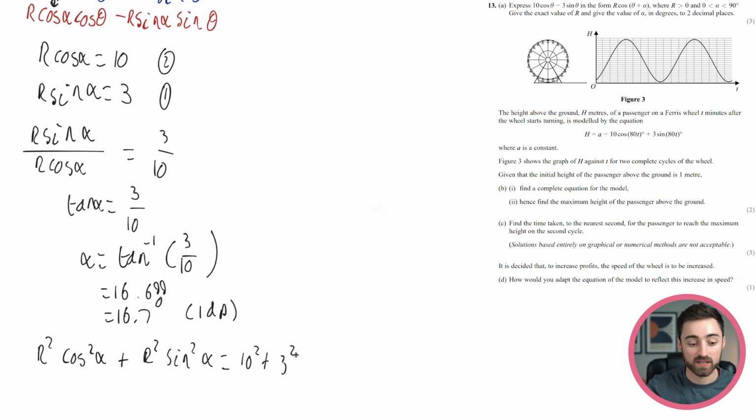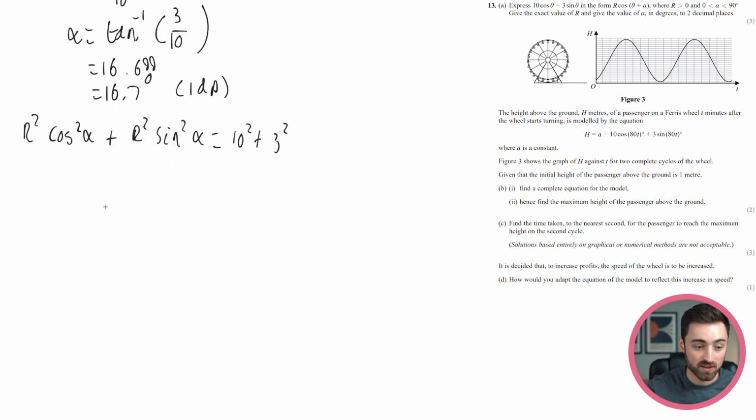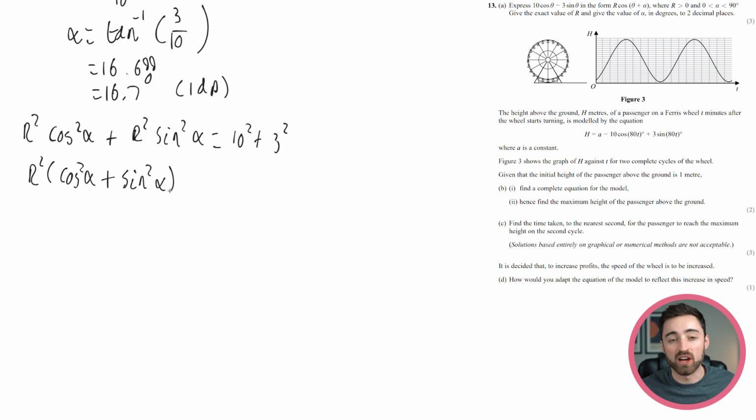Why have we done this? Because if we take an r squared out, we would get r squared times cos squared plus sine squared. I know I'm rushing this because once you learn it, you don't have to go through it really slowly each time. You know, they'd be happy with you just going straight to the tan or straight to getting the r squared. You don't need to do this working out every time.